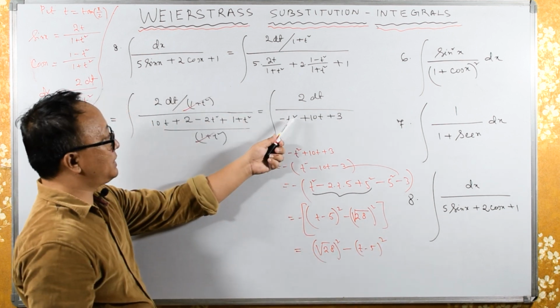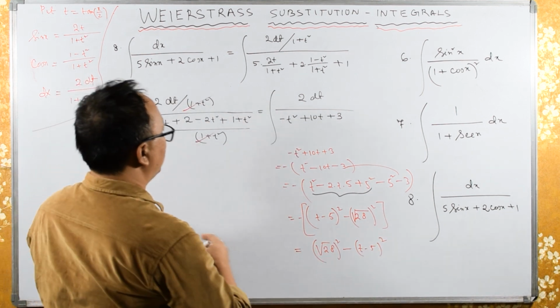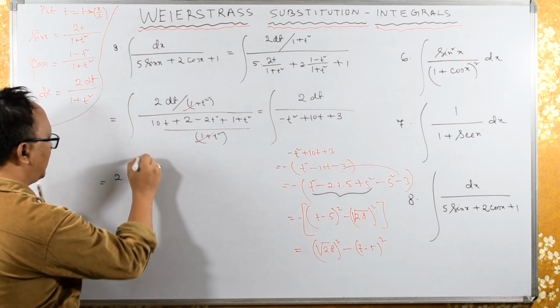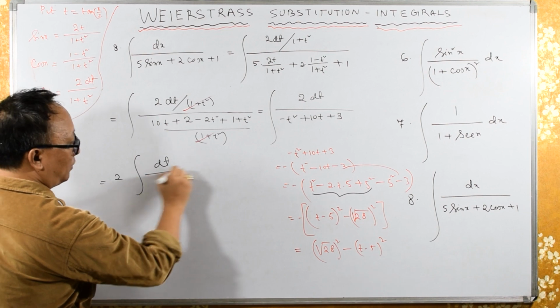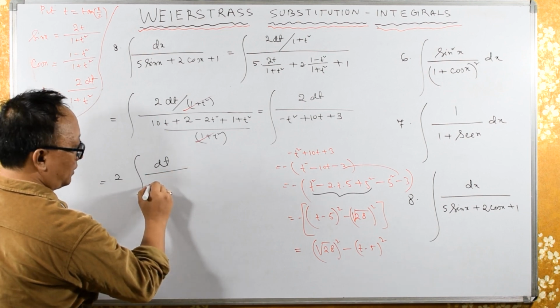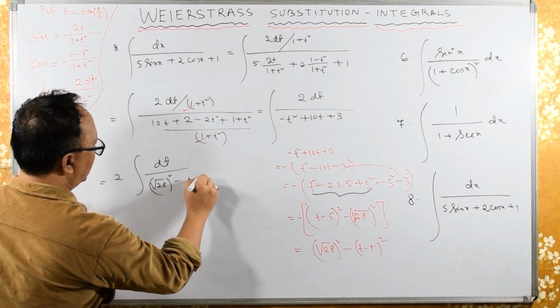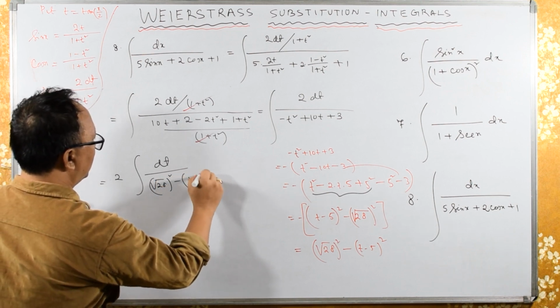Therefore, instead of this, I can write this. So 2 I am taking outside, integral dt upon root 28 the whole square minus t minus 5 the whole square.